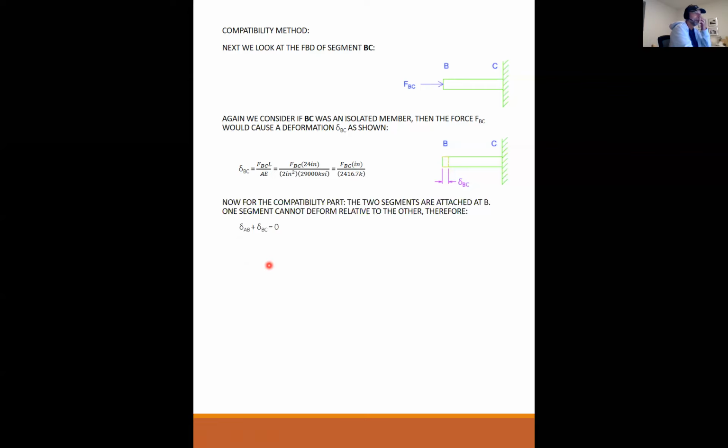That these two deformations have to equal 0. So back to the question a moment ago, if this one was negative, then this one would be positive. But if I assume that this one is positive, then this one would be negative. And so it does wash out in the end, whatever your initial assumption might be.